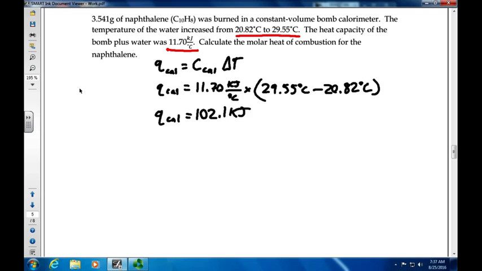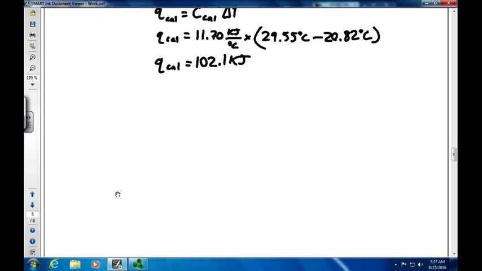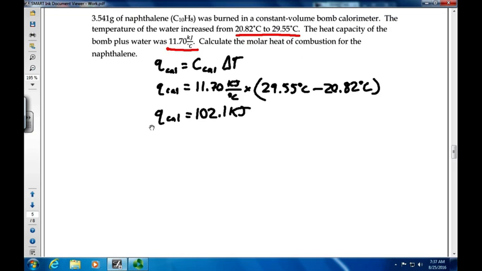But recall that what we're looking for is the molar heat of combustion of the naphthalene. So we have to look at the heat of the system. In this instance, the heat of the system is going to be 0, so Q sys is equal to 0. Therefore, we can presume that the heat of the calorimeter plus the heat of the reaction is going to equal 0.